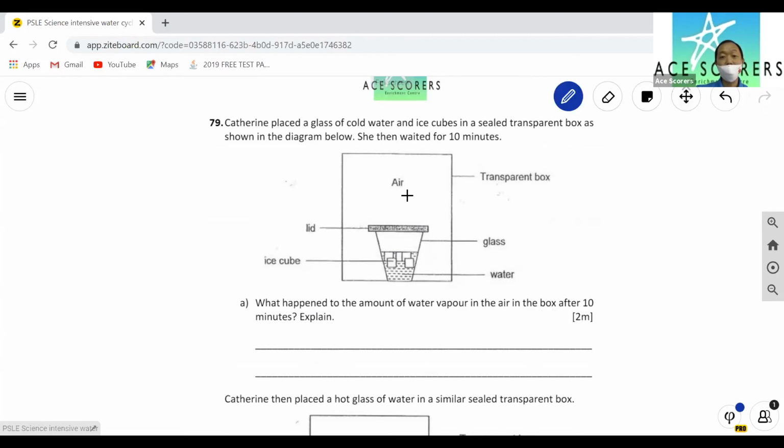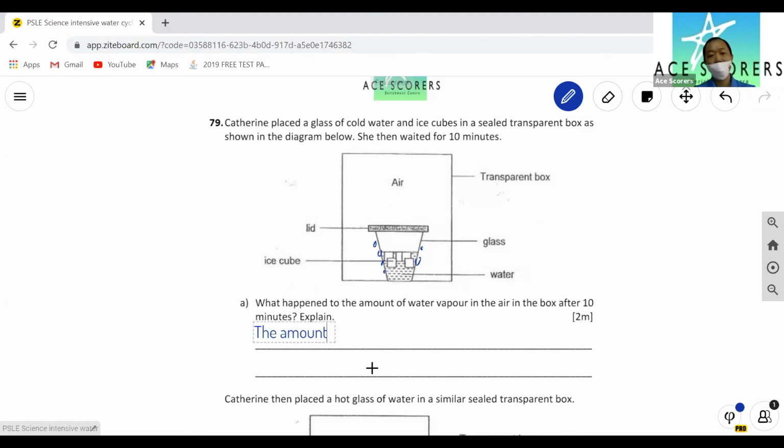So the warm water vapor touches this surface, and then what happened? It condenses and becomes water droplets here. Because they condense to form water droplets, you remove the water vapor. So what happened to the amount of water vapor? It decreased.